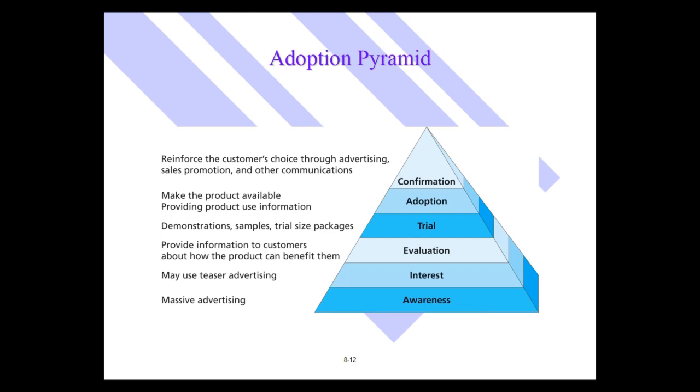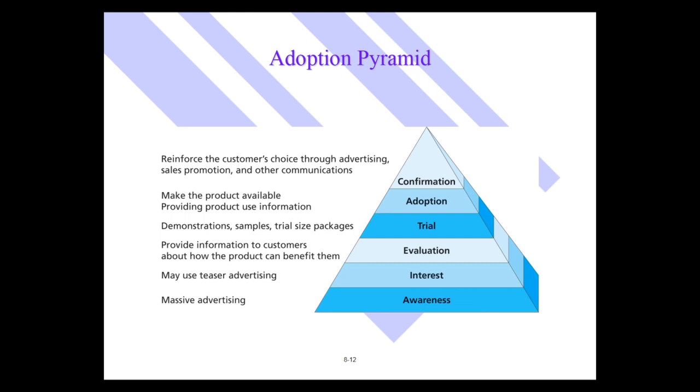Of course, they need to try it. Many times at this stage, marketers will use what are often called trial devices like samples, trial size packages, demonstrations. Of course, you want to get them to buy it, adoption, so make the product available, and then get them to repeat confirmation, reinforce the consumer's choice through advertising, sales promotion, and other communications.